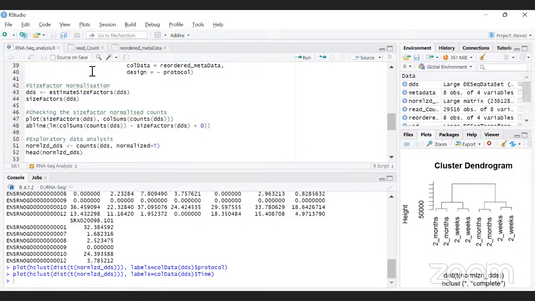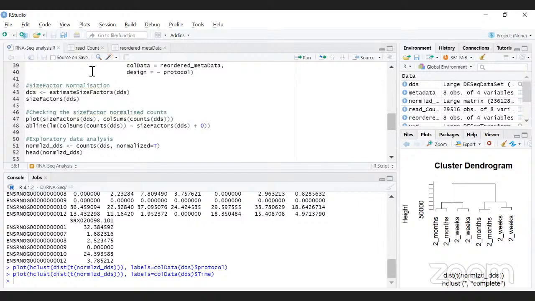Or if you're doing RPKM or TPM, you would know your library size, the total number of reads, for example using SAMtools flagstat, and then you divide by the per million factor that I spoke about. And for the gene length, you would take the information from Ensembl or wherever you're getting your reference or annotation data from. So you would use information from those files to do these kinds of normalization.